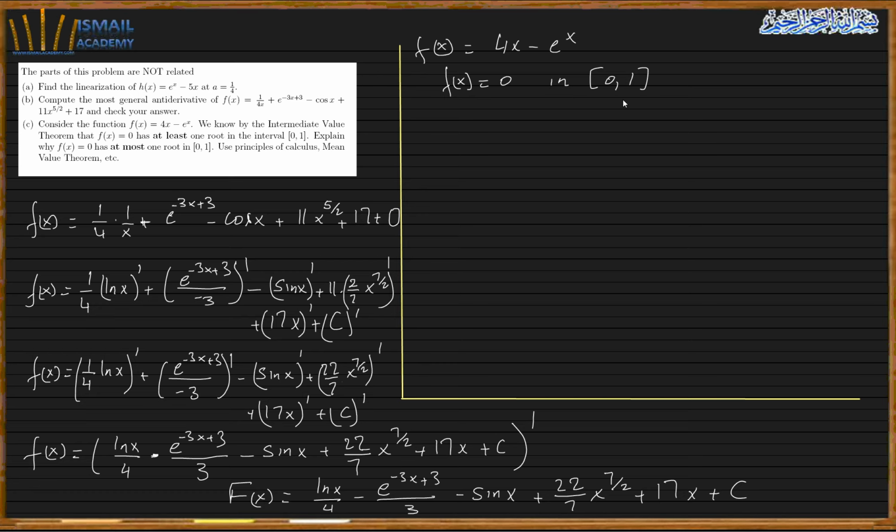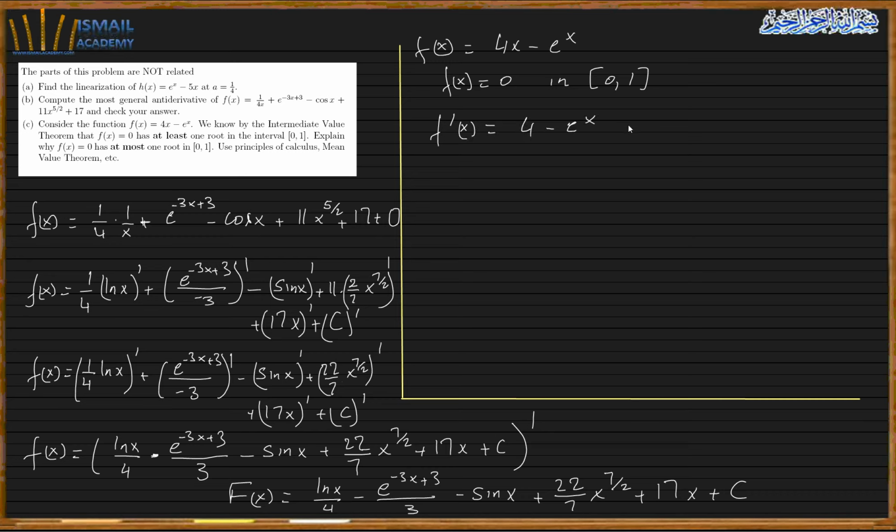So in that case, I need to take the derivative to find out the behavior of the function. Is it increasing or decreasing, or does it keep changing behavior on the interval 0, 1, or does it keep only one behavior? If it keeps one behavior, it crosses at most once. If it keeps changing behavior on the same interval, it could have more. So this is the idea behind it. If I take the derivative, I will have 4 minus e to the x.